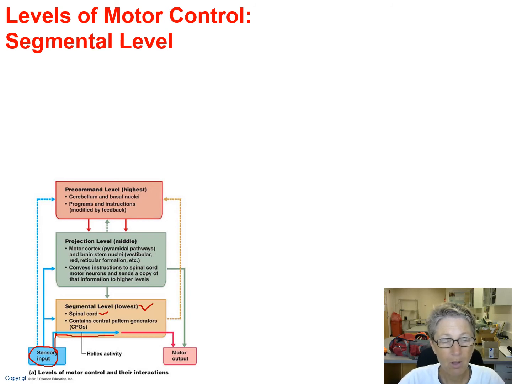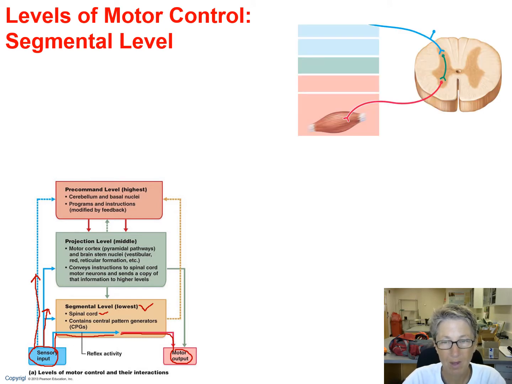That information about pain is going to be traveling up to different levels of the brain, but before it can even reach the higher levels of the brain, that sensory input will cause a reflex that will allow for the motor output of skeletal muscles to allow you to pull your finger away from that tack. And maybe you've done that before. You've cut yourself, and before you even feel the pain, you've pulled your hand away or pulled your foot away from the source of pain.